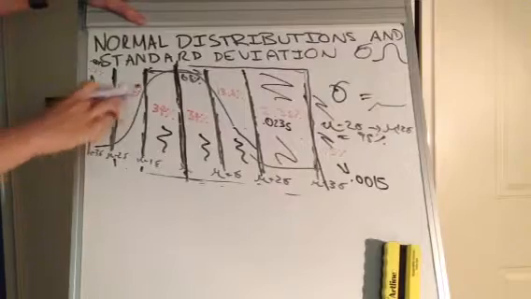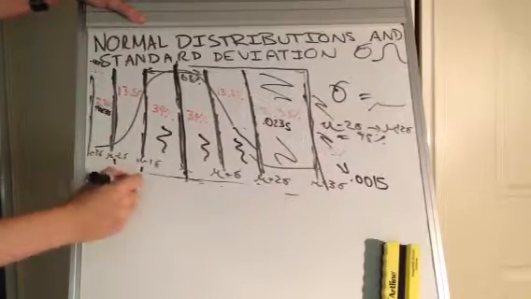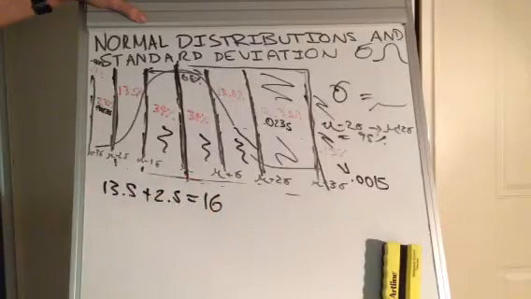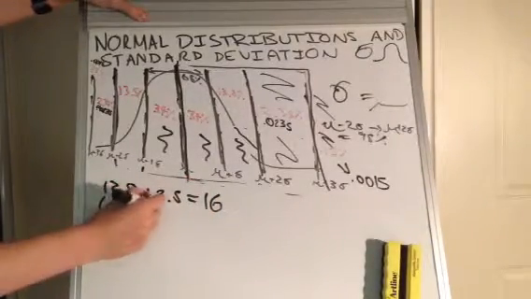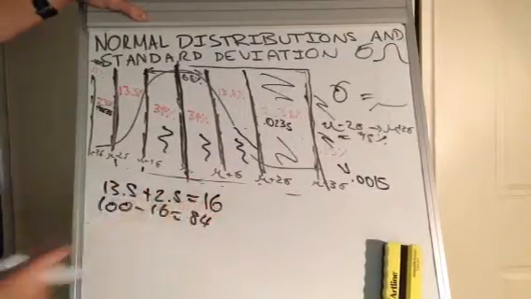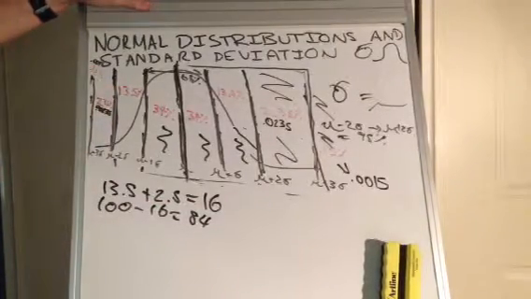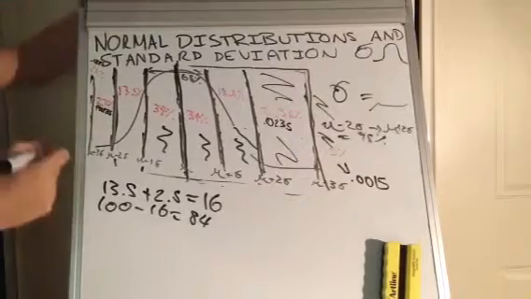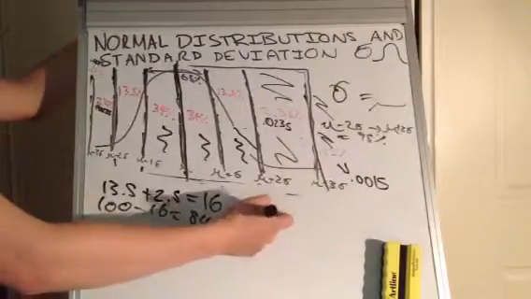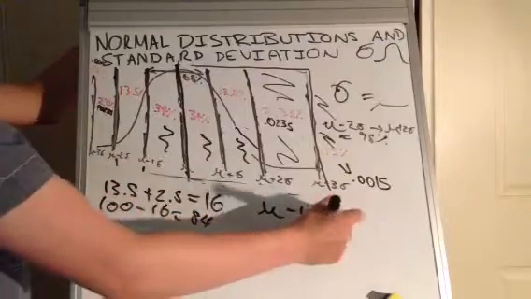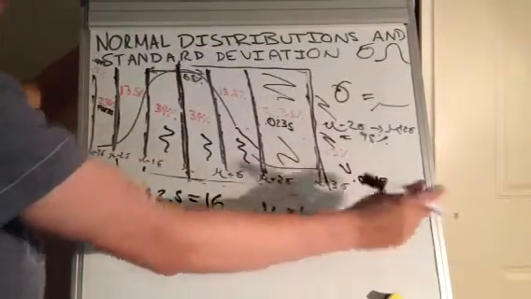And if we have a look here, 13.5 plus 2.5 equals 16. And 100 take 16 equals 84. So based on this here, just by looking at the percentages in the normal distribution, we can see that our values must be one standard deviation to the left through to the end, pretty much.